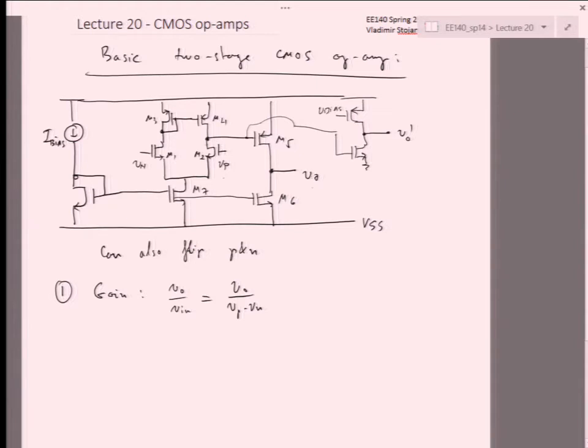I go pi and another pi over here, and if I go from N, I go pi, pi, and another pi, so 3 pi. So Vn to Vo is 180 degrees, and Vp to Vo is 360, or 0. Therefore, this right input into M2 is non-inverting.